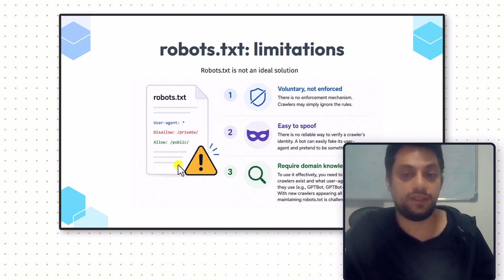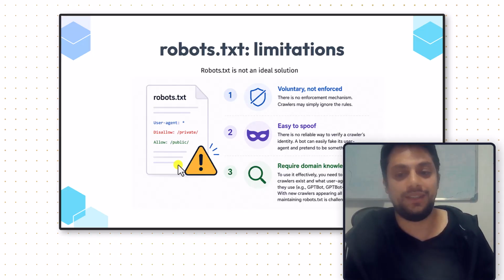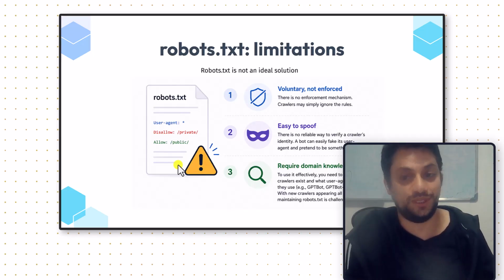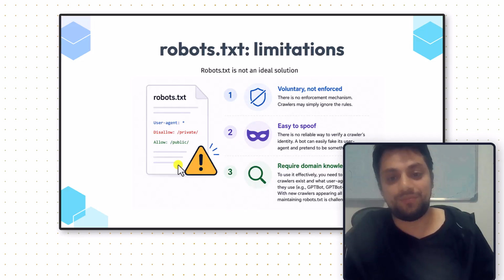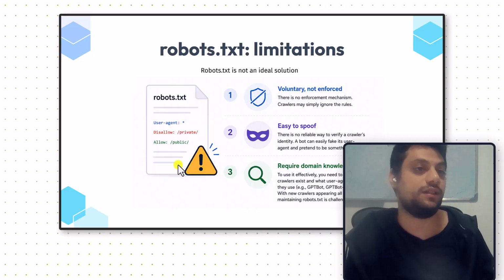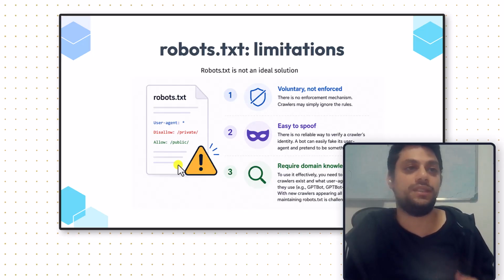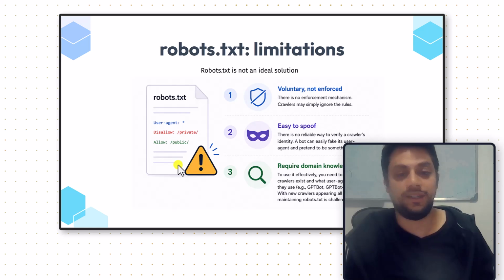The third limitation is that to use Robots.txt effectively, we need to know which crawlers exist and what their corresponding user agent strings are. That requires domain knowledge and technical ability. And in a world that is constantly changing and new crawlers always appear, maintaining Robots.txt can be quite challenging.